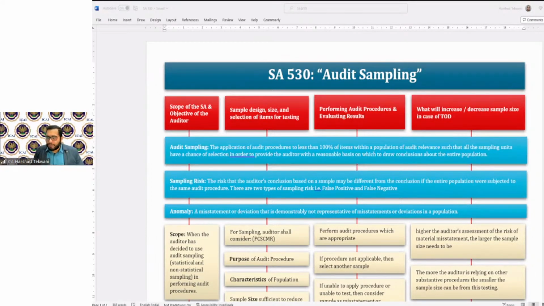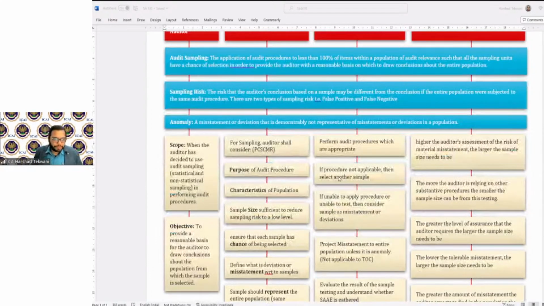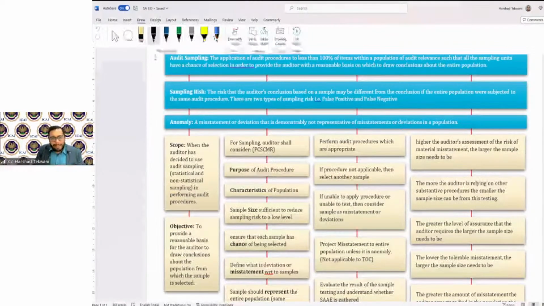The objective is, when the auditor is using audit sampling, to provide a reasonable basis for the auditor to draw conclusions about the population. So it guides the auditor on how to perform audit sampling and draw the conclusion, and how to gather audit evidence through audit sampling.